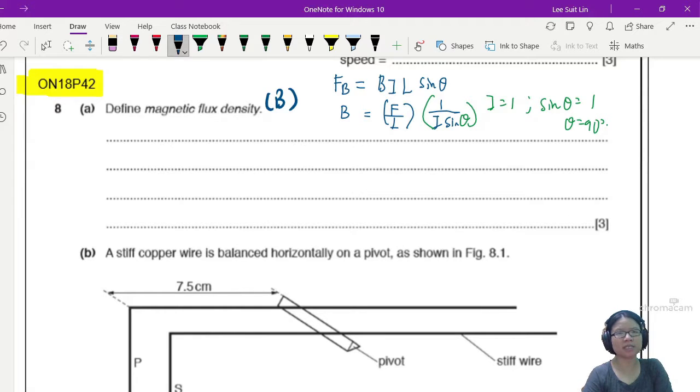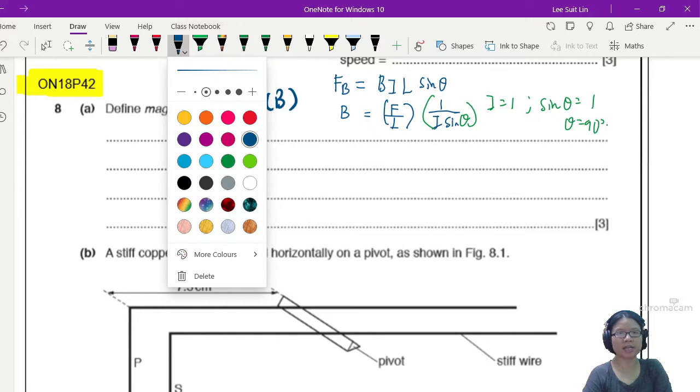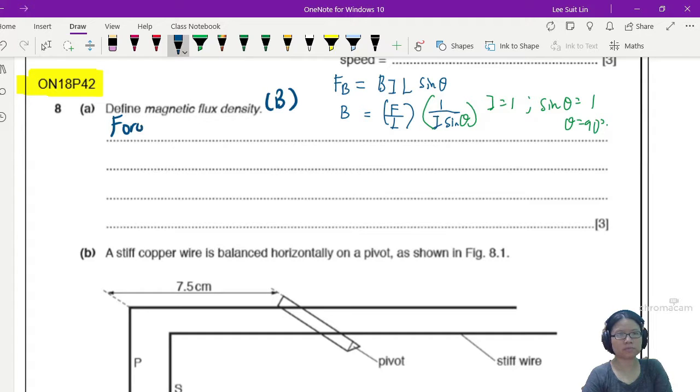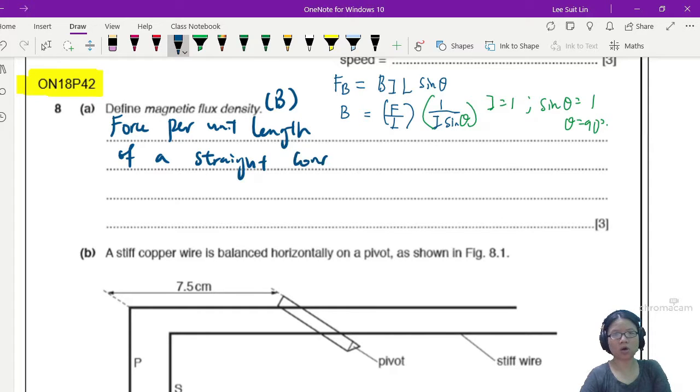B is the force per unit length of a straight conductor. Time to talk about the conditions.